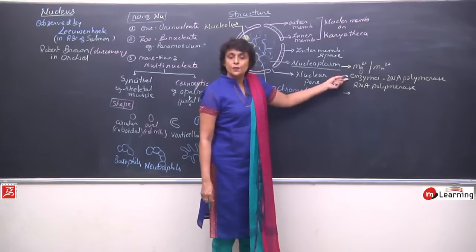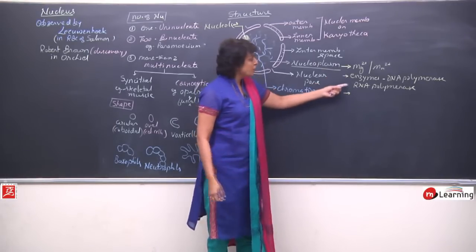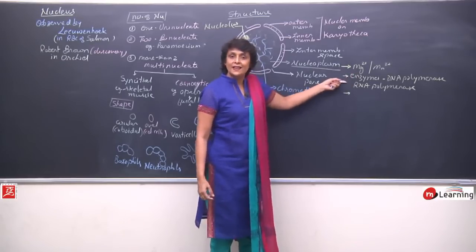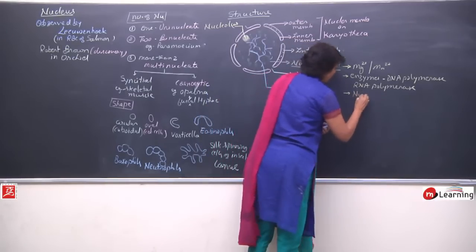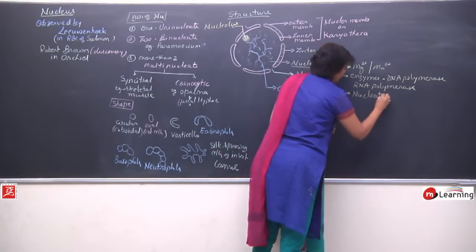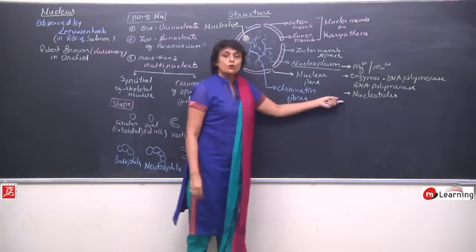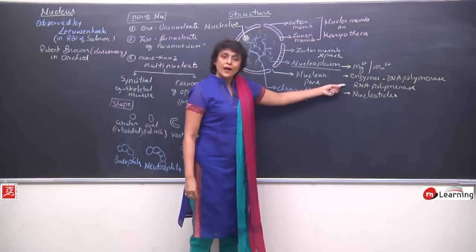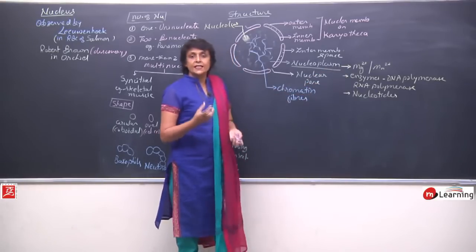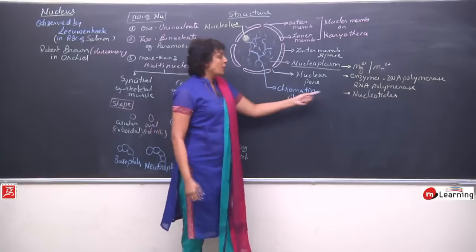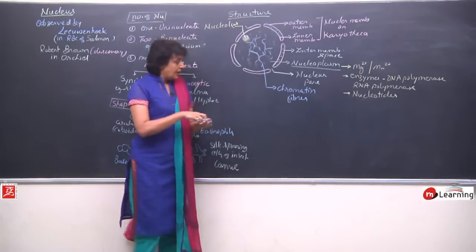How would these things be synthesized? You would need raw material. What is the raw material for synthesis of DNA and RNA? The nucleotides. So the nucleoplasm also has nucleotides, which is the raw material for production of RNA and DNA, and ions. So basically it is having everything whatever is required for DNA and RNA replication.